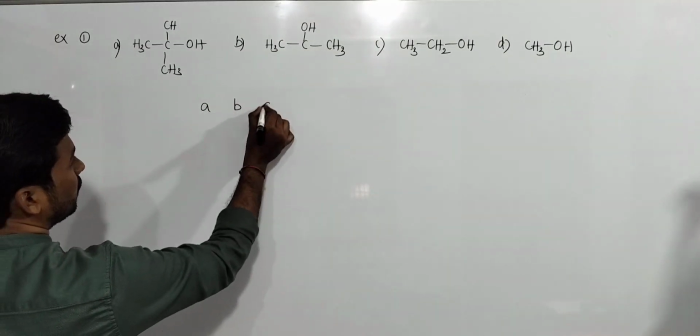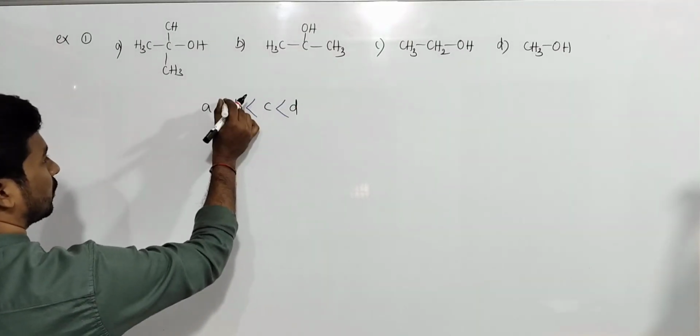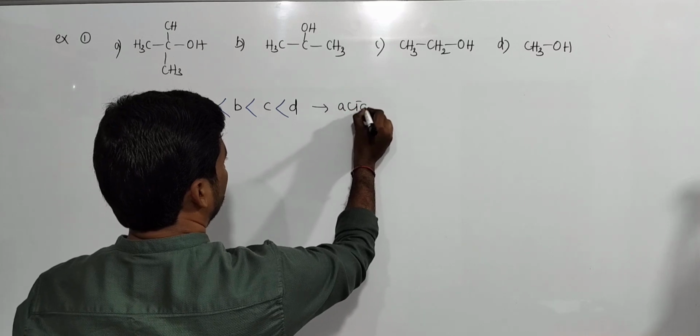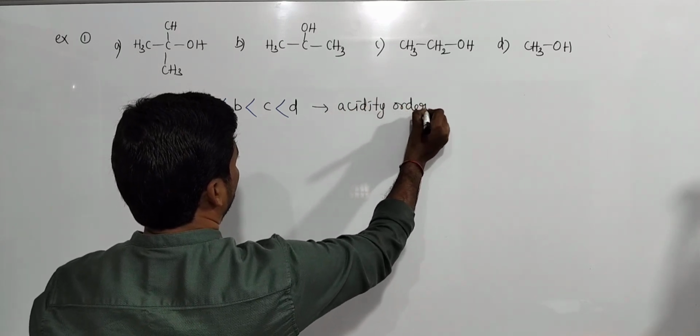So what is the acidic strength order, the acidity order? Why?